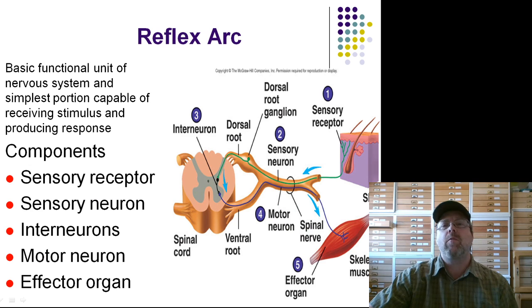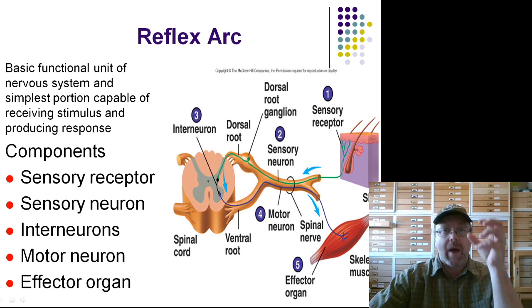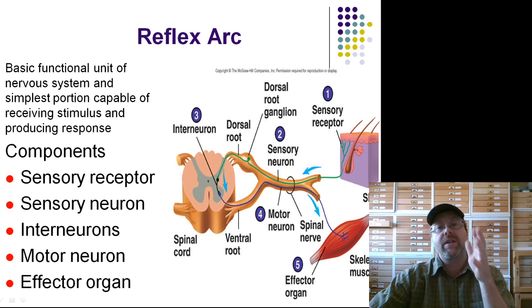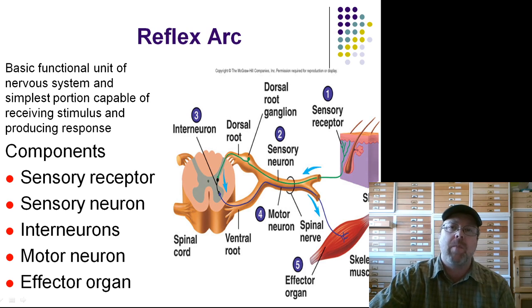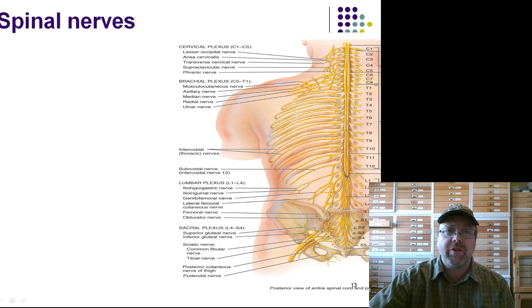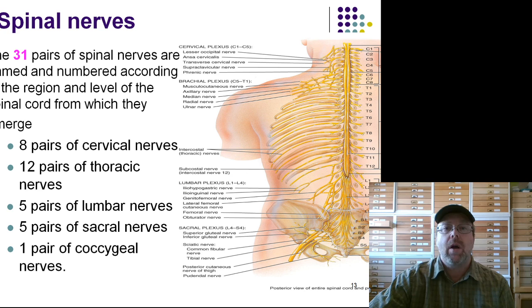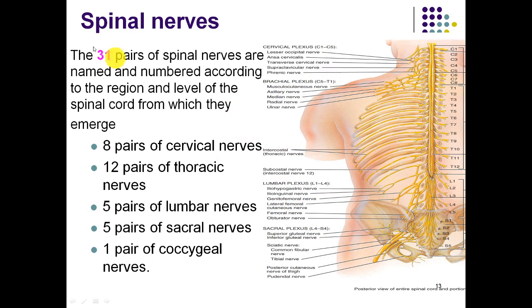Now, moving on, we're going to move on to not the spinal cord itself, but we're going to talk about these branches of spinal nerves that are coming off of the spinal cord. So in order to do that, let's first do a brief review of what these spinal nerves are. So the spinal nerves, remember there's 31 pairs of them, and they all come off of the spinal cord.